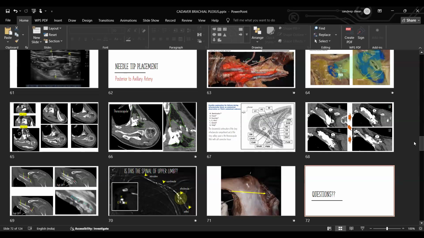But having said that, there have been a couple of articles again to remind us, by some of the top regional anesthesiologists around the world, that intraneural injection at any cost has to be avoided, and it has to be a circumneural or paraneural injection.